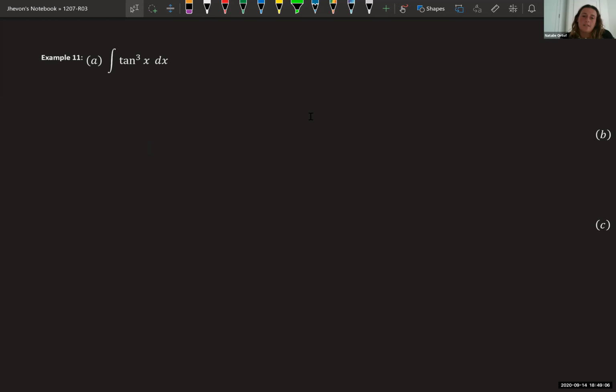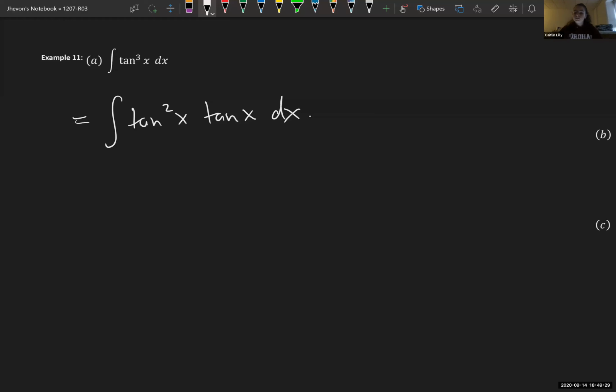Maybe separate it into tan squared x, tan x dx, and save the tan x dx for du. If tan is the du, what would the u be? ln secant x. Sorry, ln absolute value of secant x.